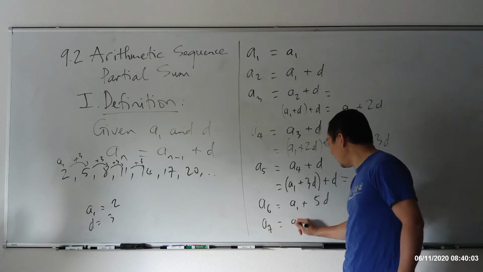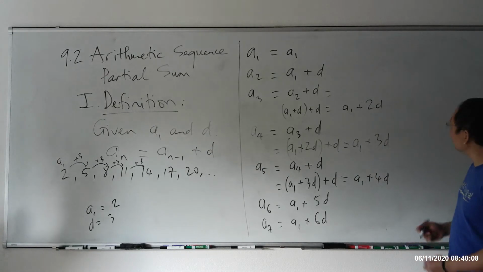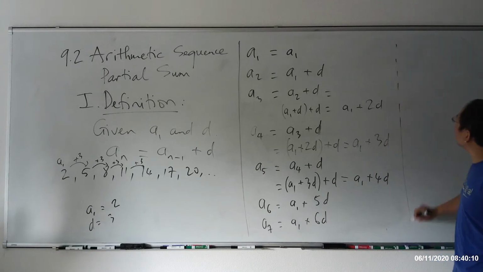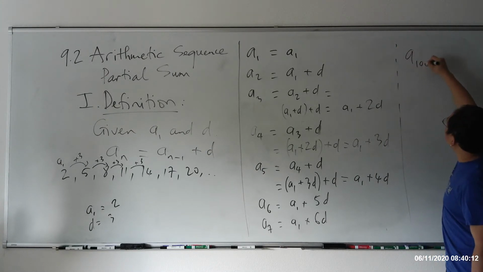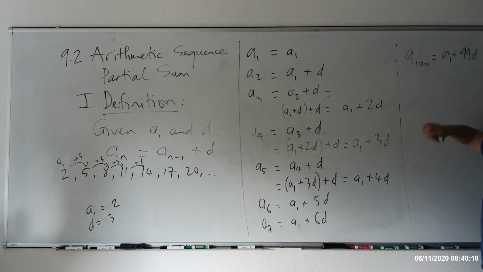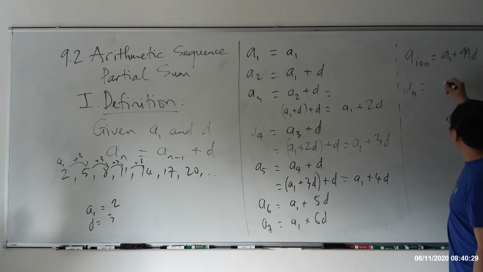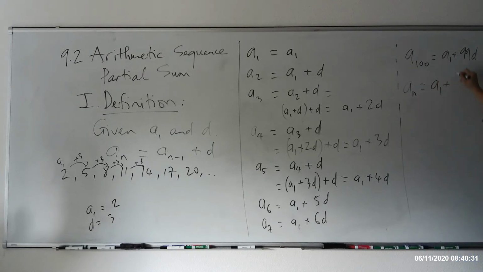A7 is A1 plus 6D, so forth and so on. With that rule, say A100 is going to be A1 plus 99D. The number of Ds is going to be 1 less than the position of that term. So we can figure out the general formula: AN is going to be A1 plus N minus 1 times D.